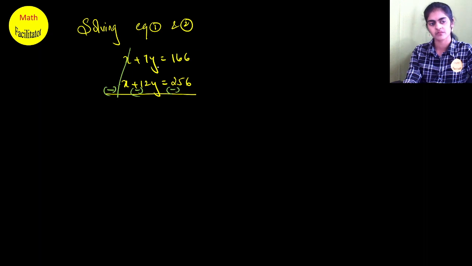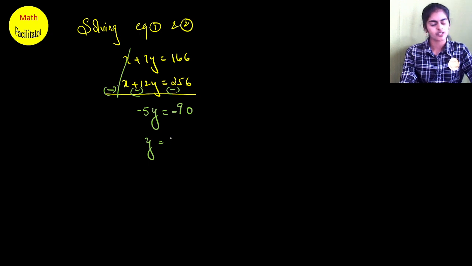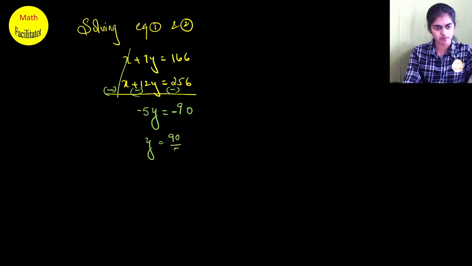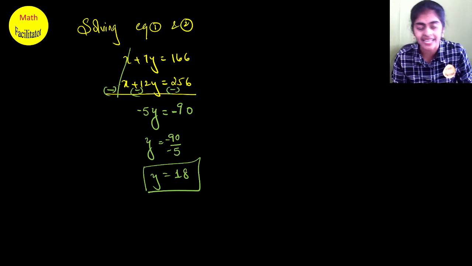Plus x minus x. 7y minus 12y is minus 5y. 12 minus 7 is 5, the bigger number has the negative sign, so it is minus 5y. 256 minus 166 is 90. So minus 5y equals minus 90, so y is equal to 90 by 5, minus and minus get cancelled. So I get 18 rupees as the variable charge.